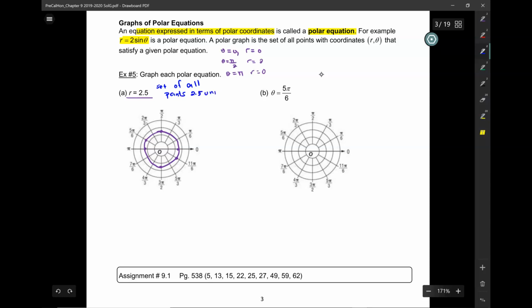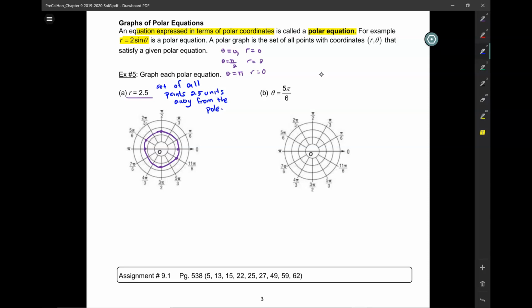In fact, the equation of a circle, x squared plus y squared equals r squared, is just a derivation of this. Somebody took this and changed it to rectangular coordinates. It really came from this, okay?